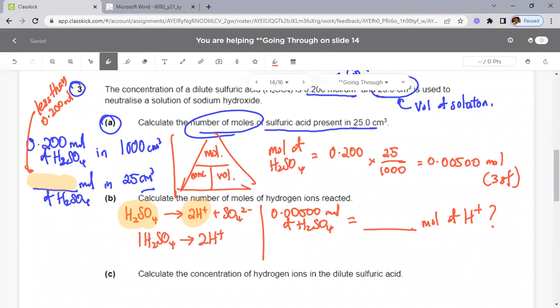Looking at this on the left hand side, to find the number of mole of H plus, this is equivalent to 0.00500 multiplied by 2. So we're going to get 0.0100 mole. This is the number of mole of H plus. Now when you look at part A and part B, you realize this is not only concentration.